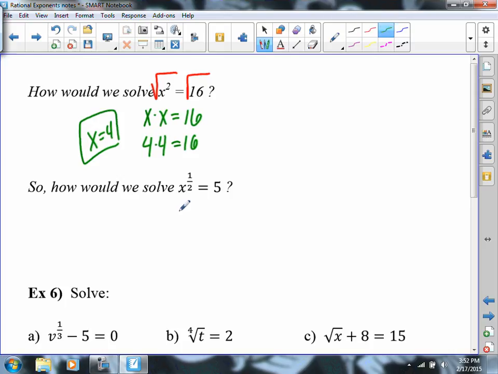So if we're looking at this equation, we have x to the 1/2 equals 5. That's harder to write out. I don't know how to write x to the 1/2 like I did up here. I could do x times x. I don't know how to rewrite that. I really can't. Okay? But I need to figure out what could I multiply 1/2 by to pretty much undo it.